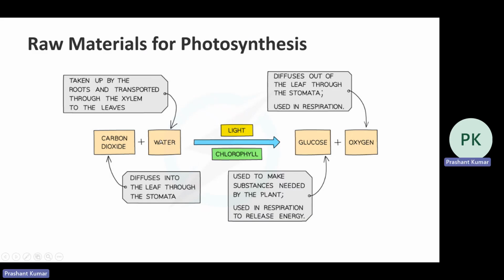Water, we know, is absorbed by the root. The root has xylem tissues and the xylem vessel is formed in the stem, and with the help of that xylem tube the water goes up by suction pressure. We'll discuss the transportation of water in detail in some other topic. Very briefly, water goes up into the leaf by the process of transpiration.